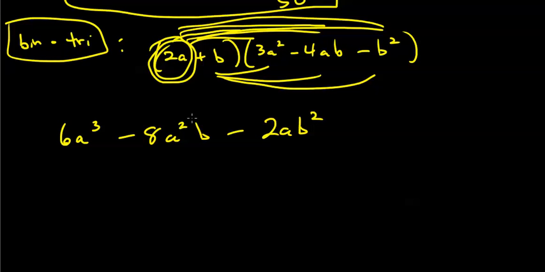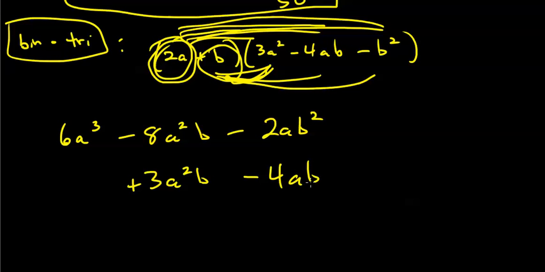Now that I've multiplied through by 2a, I'm going to multiply everything through by positive b and arrange like terms in columns so they'll be easier to combine. b times 3a is going to be 3a squared b positive. Next, b times minus 4ab squared is going to give me a minus 4ab squared.